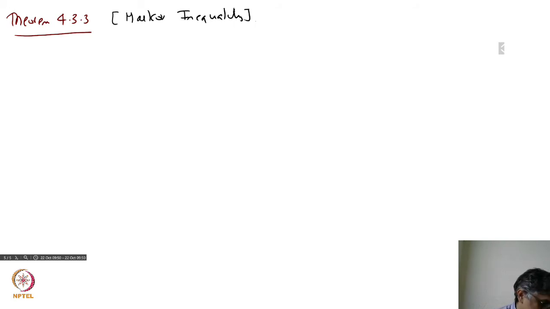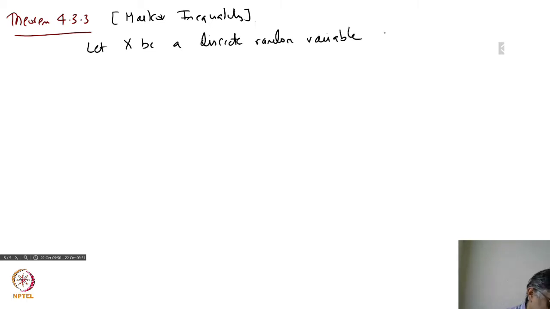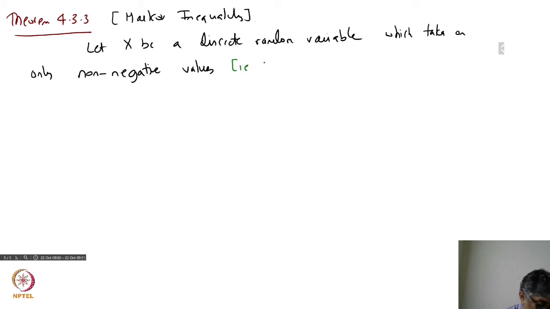Here the idea is that let x be a discrete random variable which takes on only non-negative values. That means the range of x is contained in the non-negative half line.